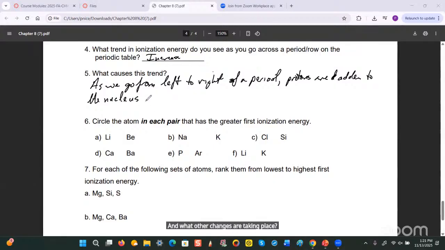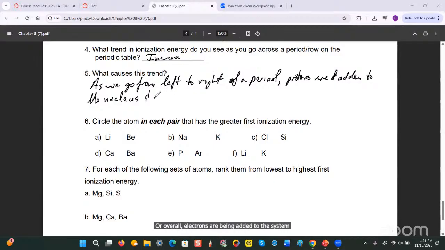One change is, as you correctly said, protons are added to the nucleus. And what else? More overall electrons are being added.